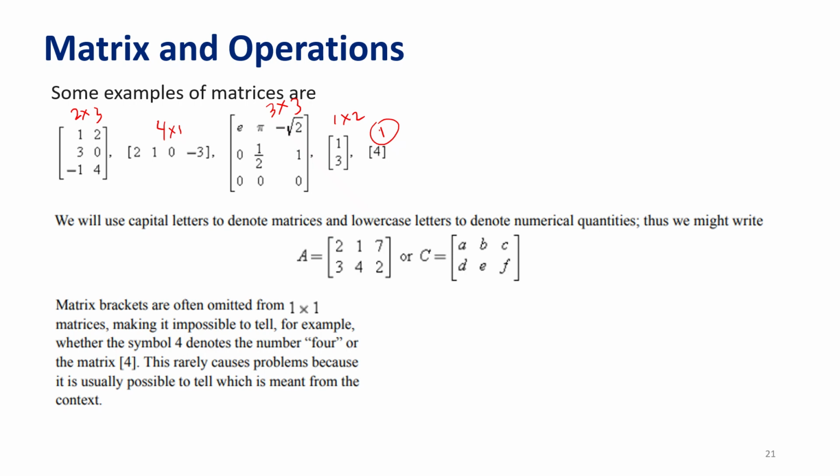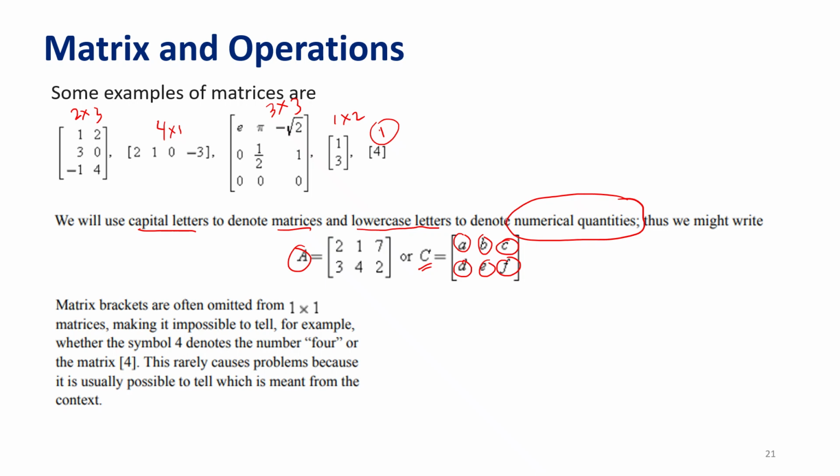So we will normally use a capital letter to denote a matrix, and a lowercase letter to denote the numerical quantities or the values inside of this matrix when you don't know the real value yet. So when it's capital, it normally symbolizes a matrix.